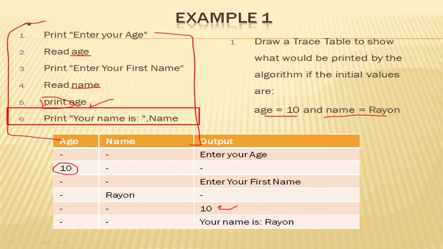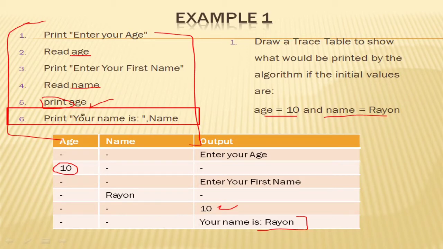And it says print, and in quotation it says your name is, it closes the quotation, then it has a comma, and then it has name, right? So this is what would be outputted right here, right? Because we know that what is in quotation after a print statement is written exactly as is.